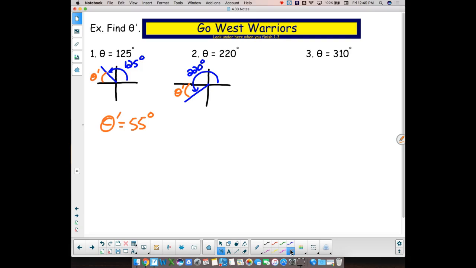So I would have to have a reference angle here of 40 degrees. Nope, you got to get back to the horizontal. Reference angles have to be acute. So if I added 140 degrees to that to get to 360, right?